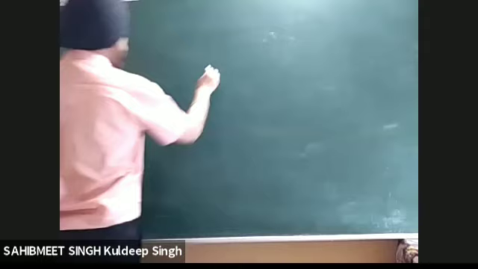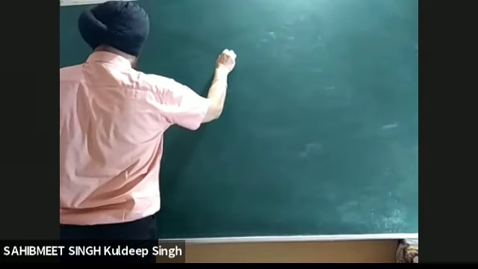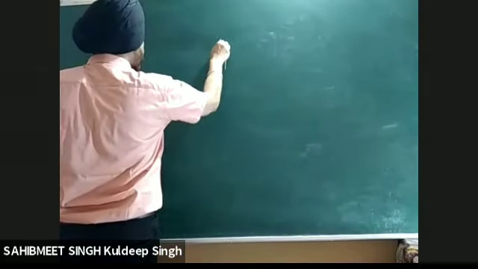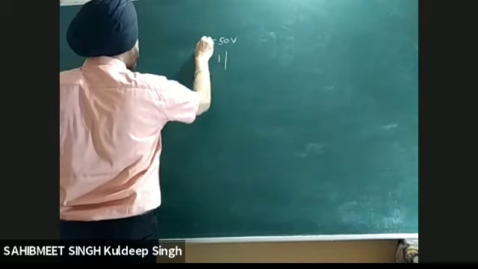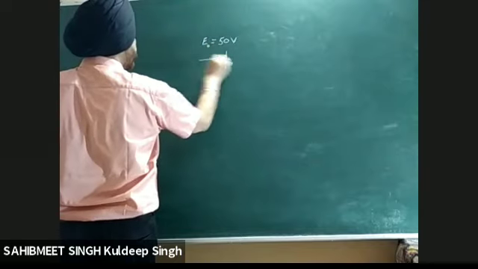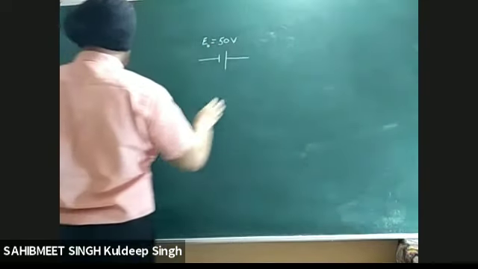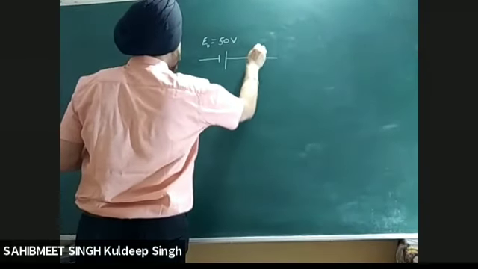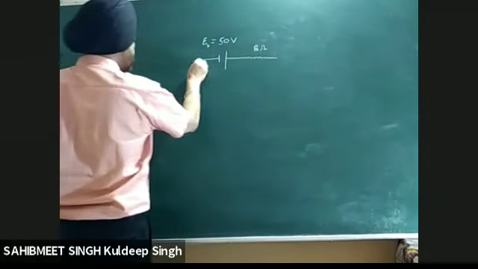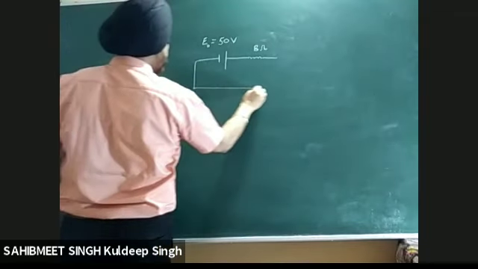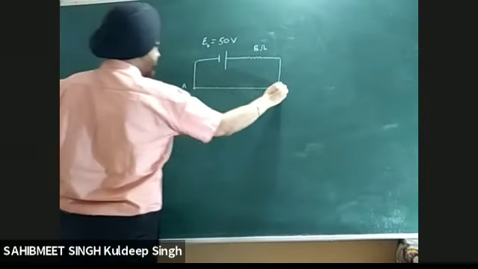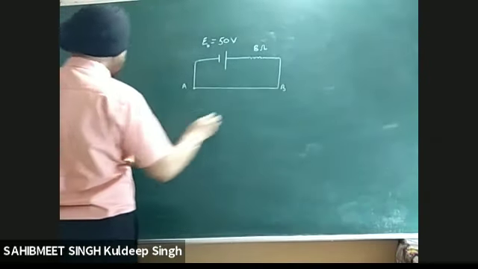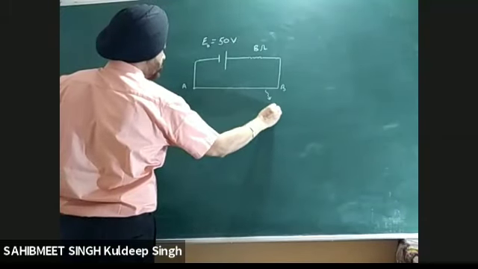Let us say we are given a cell, say 50 volt, E naught, and connected to 8 ohm resistance, then to the potentiometer, and the resistance of the potentiometer wire is also given, say 2 ohm.